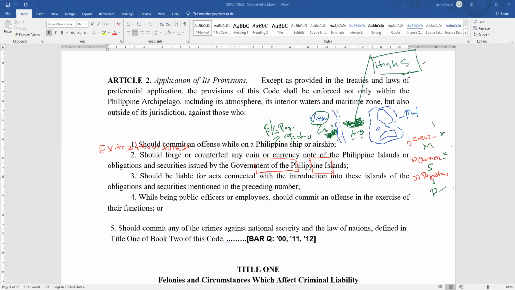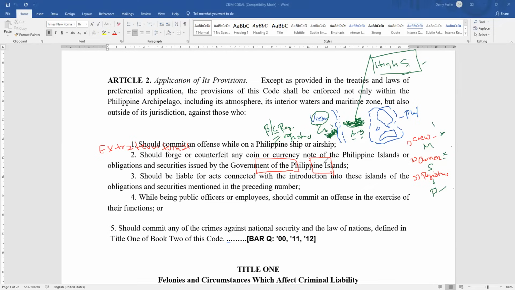Hindi, sa US. So they have this territoriality principle. Since it is within the territory of another country, then Vietnam has jurisdiction to try the case. If Vietnam refuses to exercise its jurisdiction, then that's the time we can do so. Okay?